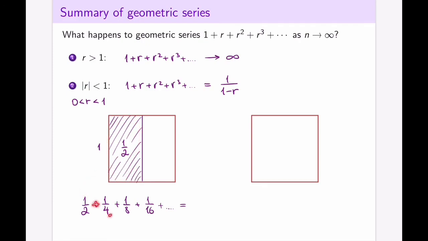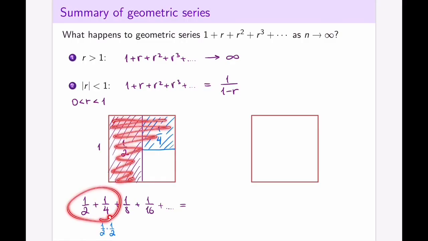But then I'm adding up a quarter. Well, a quarter is a half of a half, right? Maybe let me write this down. Quarter is a half of a half. What I haven't accounted for yet is this half, so I can now take a half of that. So I can split this into 2. This is a quarter, and if I'm adding it to my calculations of the area, the addition here now covers both of these pieces.